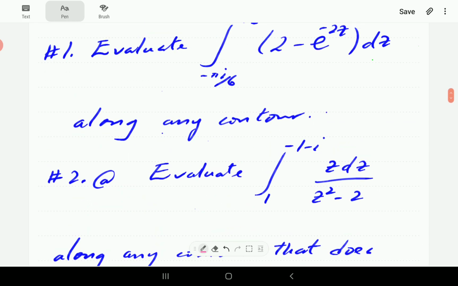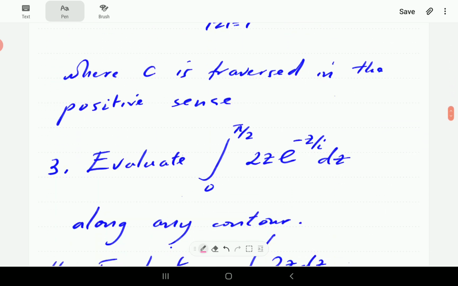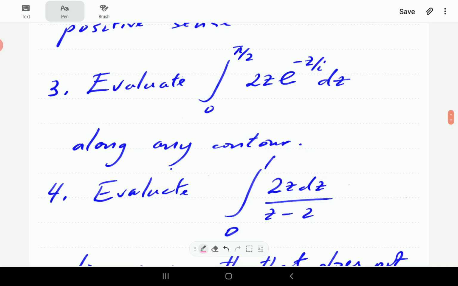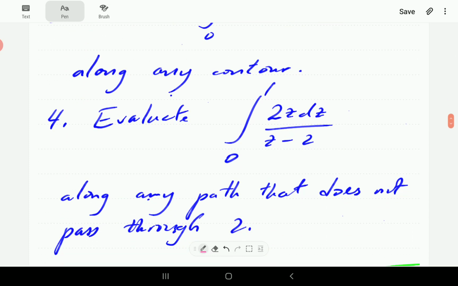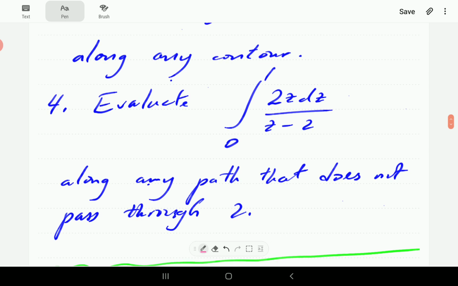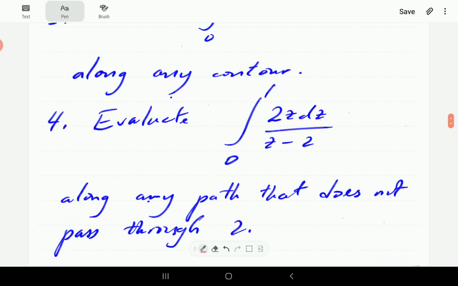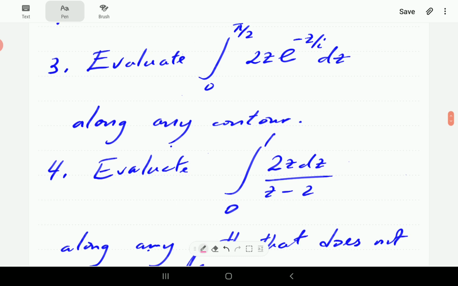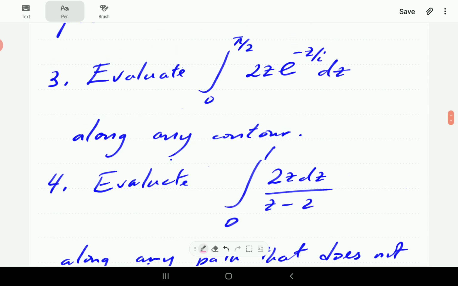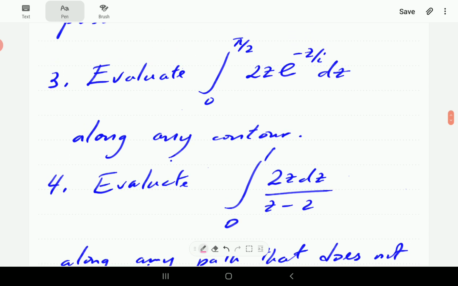So in our number 1, we evaluated something along any contour, so that is a similar question in number 3, and then number 4 along any contour that does not pass through 2. So please just have a go at those two and then pause the video. Then when you continue the video, you can compare with our answers, just to make sure that you are getting these ideas.